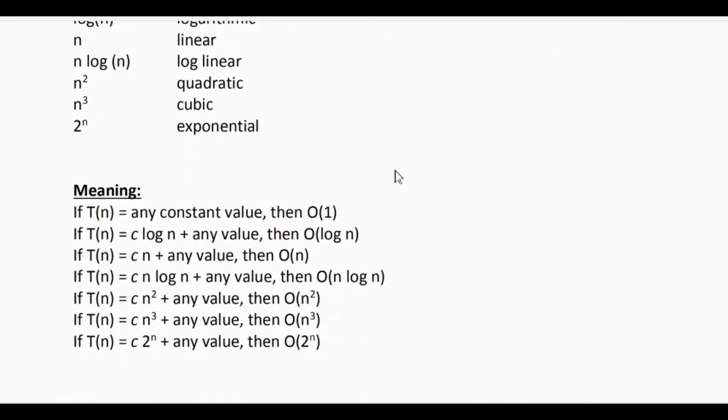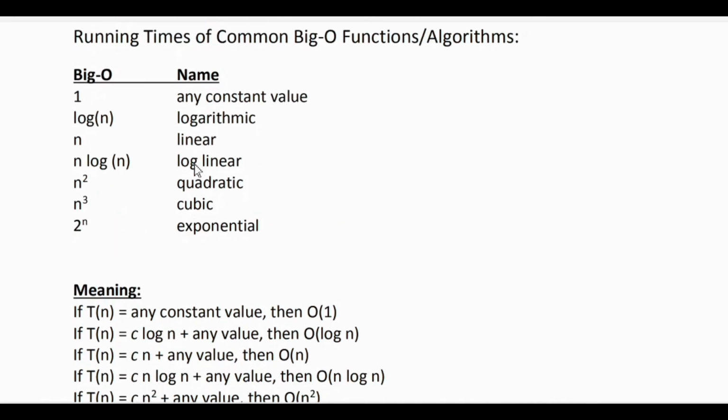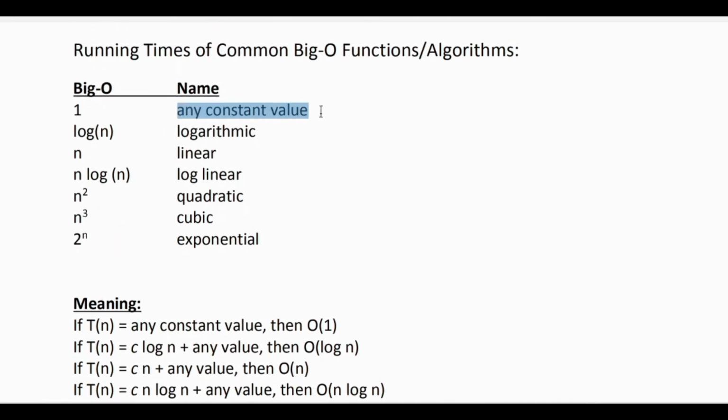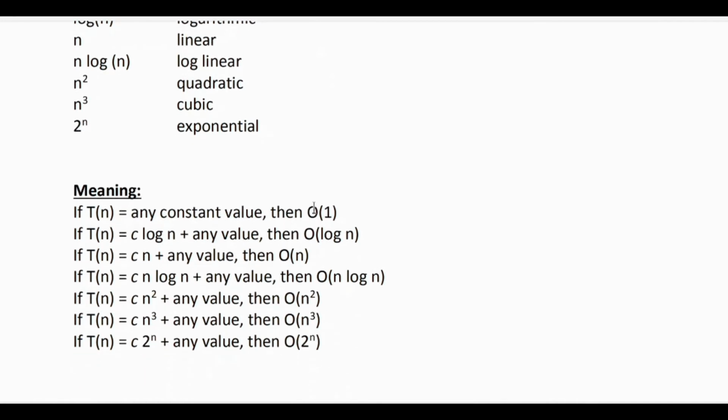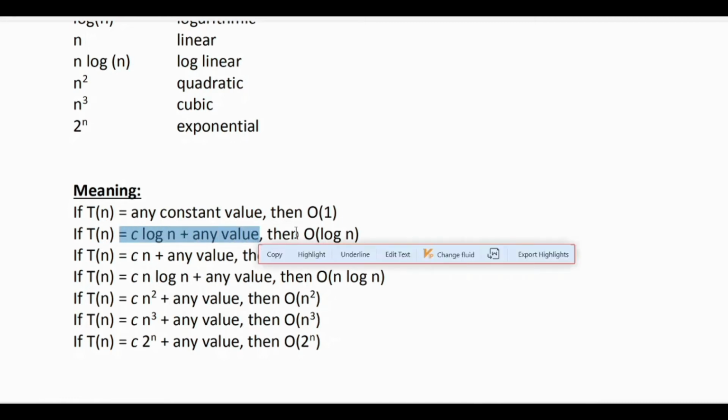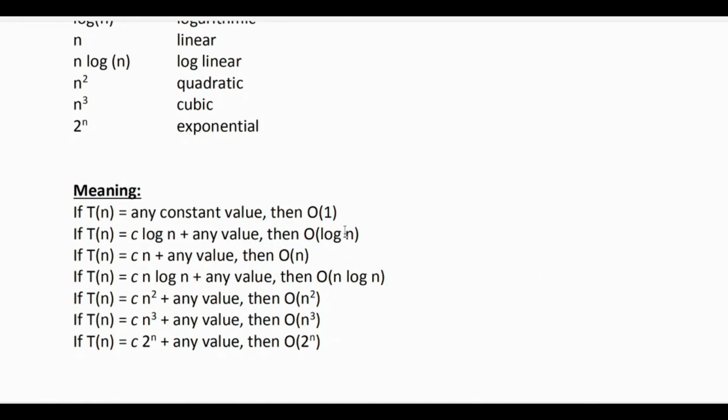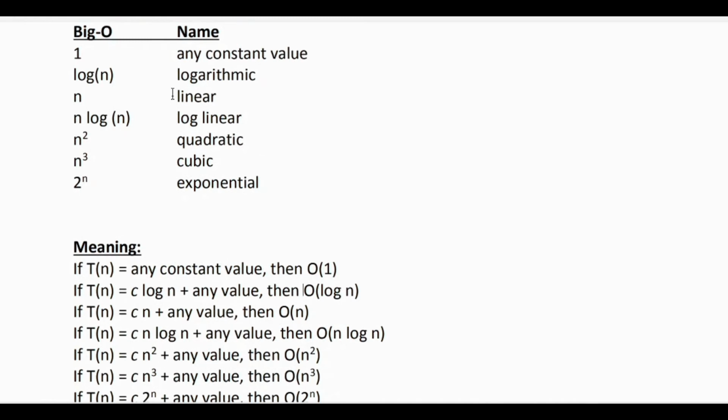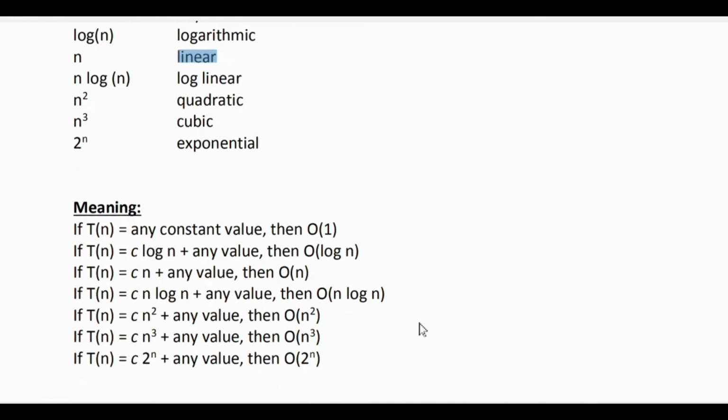And here's the meaning. If T of n is any constant value, then the big O is O of 1. If T of n is C log n plus any value, then the big O is O of log n. If T of n is C times n, then we call it O of n, and the name for that is linear.